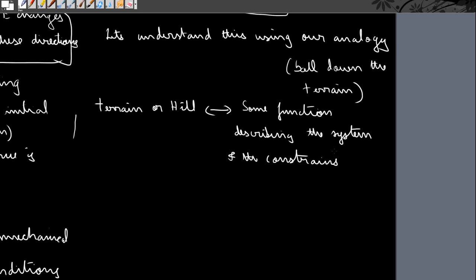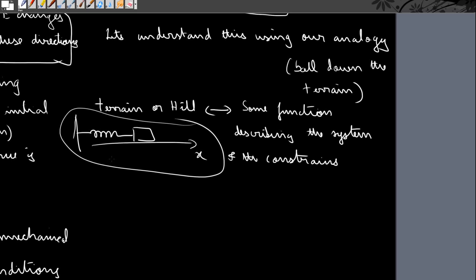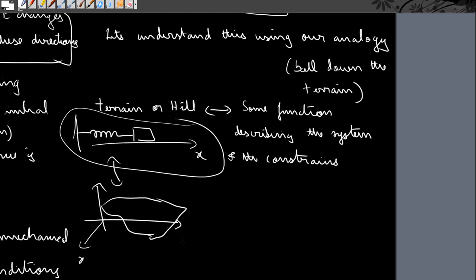So what do I mean by this? So if you consider, let's say, a spring mass system which is constrained to move only along the x axis or x direction, then this particular setup, in our analogy, is going to correspond to some particular terrain in the x, x dot and time coordinates.